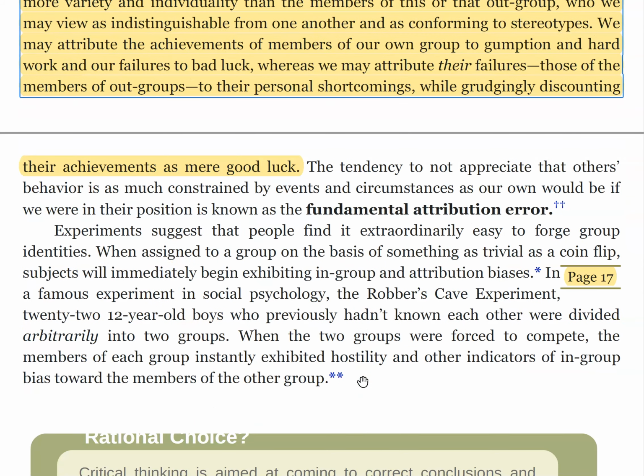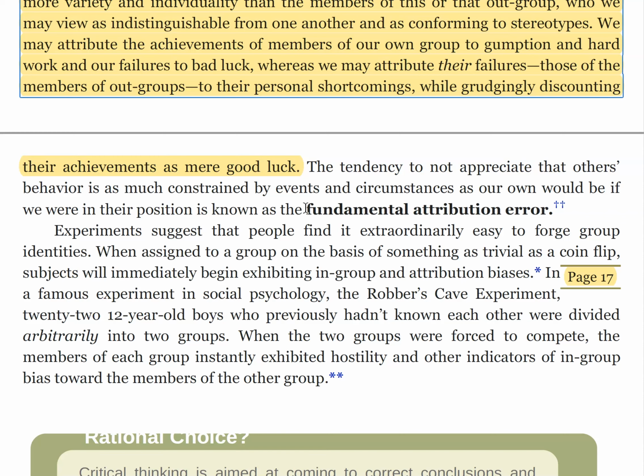So we've got this fundamental attribution error. We're not going to talk about that. We can go over it during our meeting if you guys really want to. But it's the tendency to not appreciate that others' behavior is as much constrained by events and circumstances as our own would be if we were in their position, right? Maybe somebody didn't go to college, and you're like, I just don't understand why they didn't go to college.